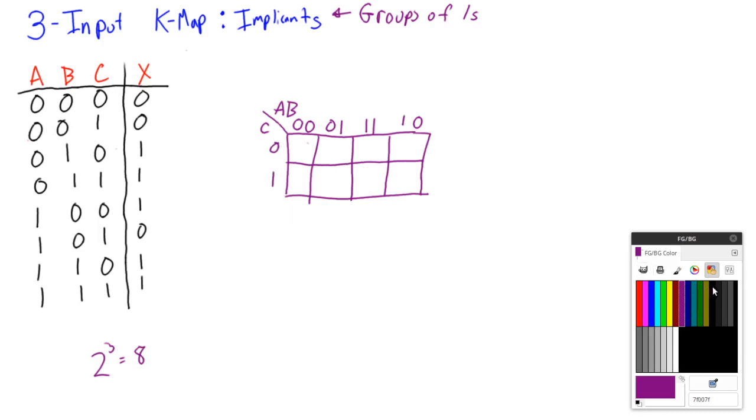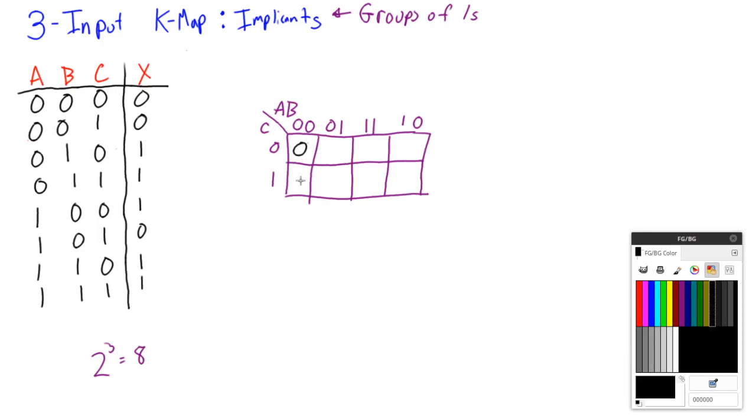And now we can go about filling in this Karnaugh map. We treat each one of these cells as a question or a lookup problem. So for this cell, A is a 0, B is a 0, and C is a 0. Well, we look at our row in our truth table where A is a 0, B is a 0, and C is a 0, and we see that our output is 0.